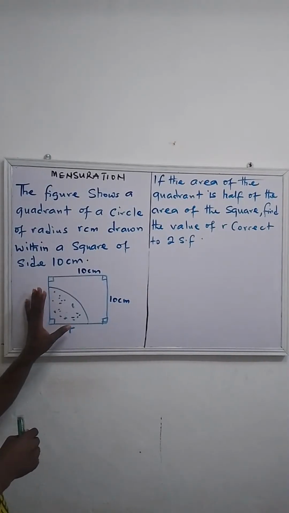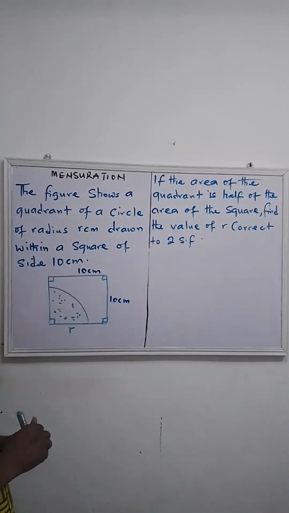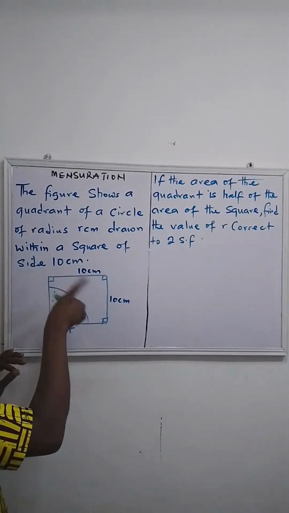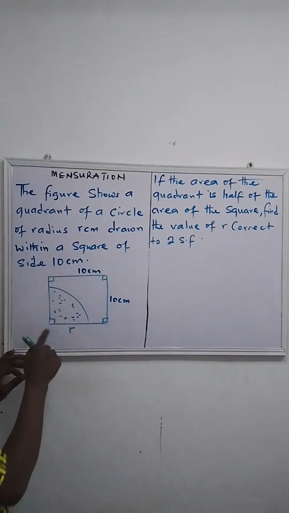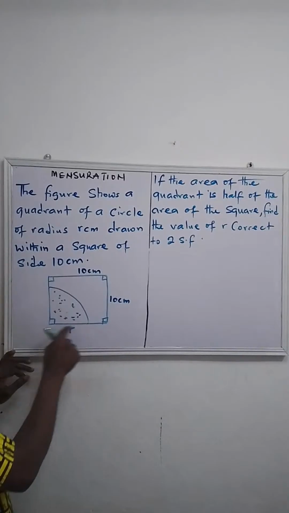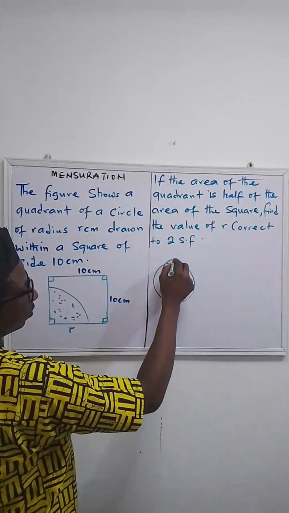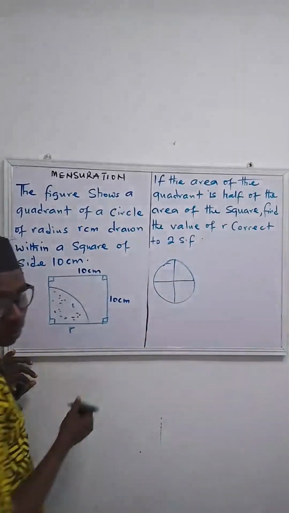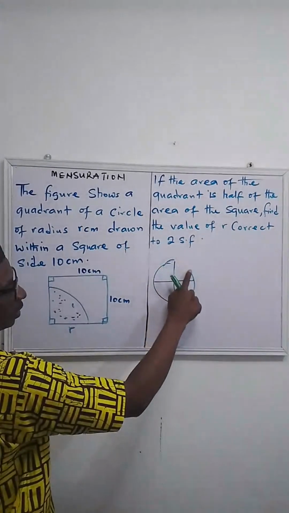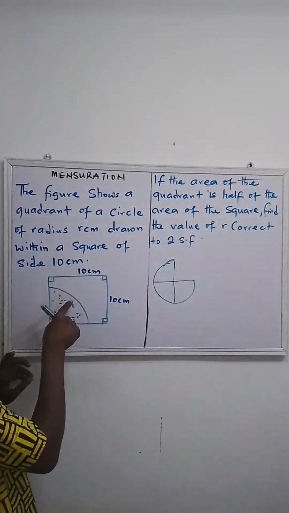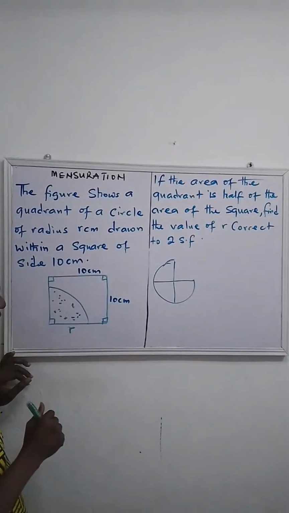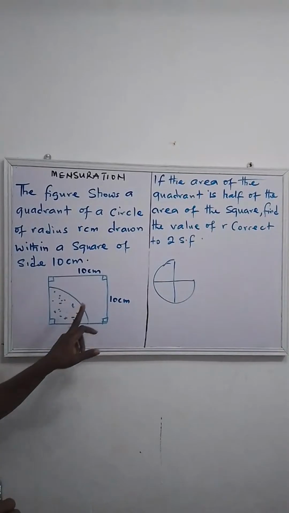So this is a quadrant inscribed inside the square. Can you see that now? So now here is the radius, just like you have a circle of this form and it is cut into 4 parts. Now a part here is removed and inscribed here.